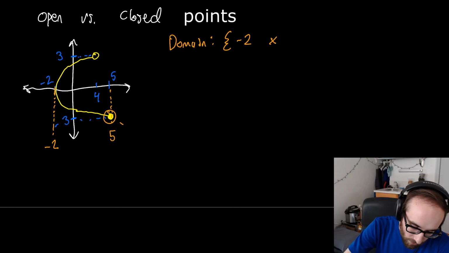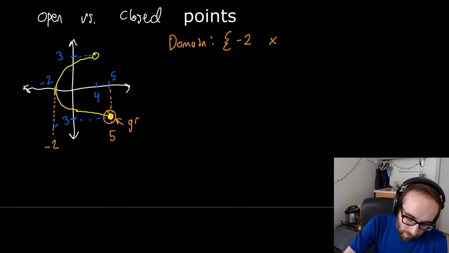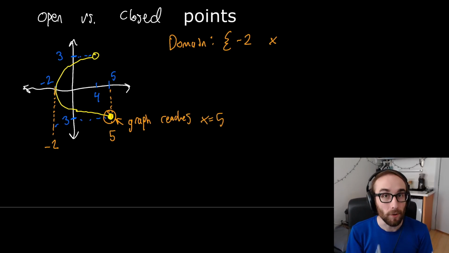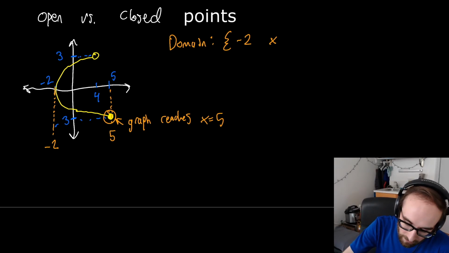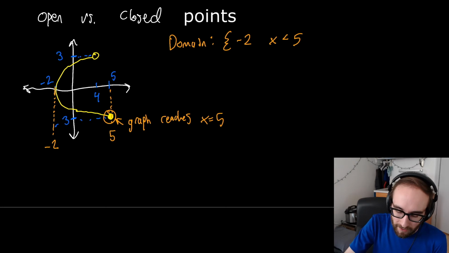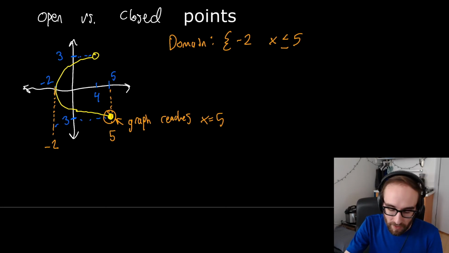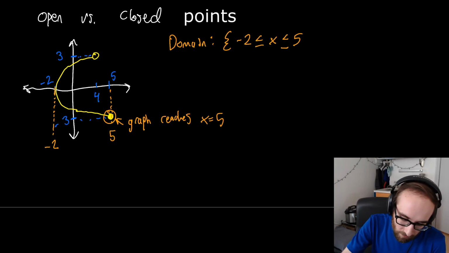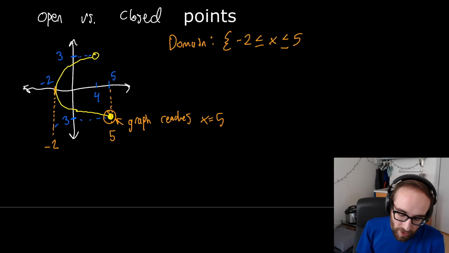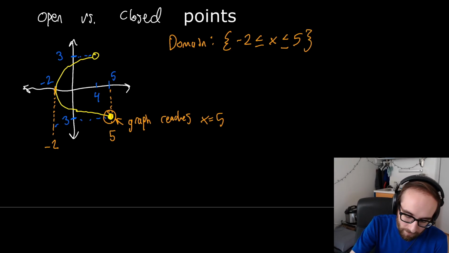And this closed circle means that the graph reaches an x value of 5. So 5 is included in the domain of our graph. So we'll say x is less than or equal to 5, because x could be equal to 5. And we'll also include -2 because we reach -2 on the left. Okay, so there's our domain.